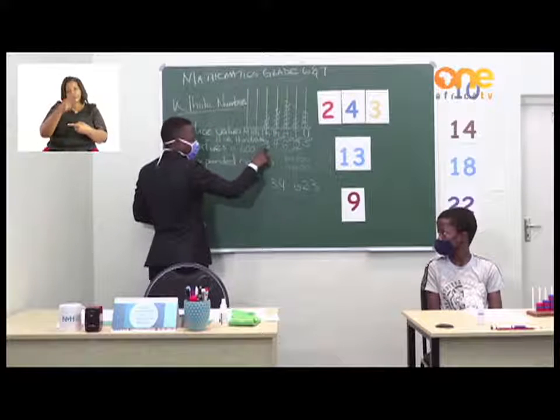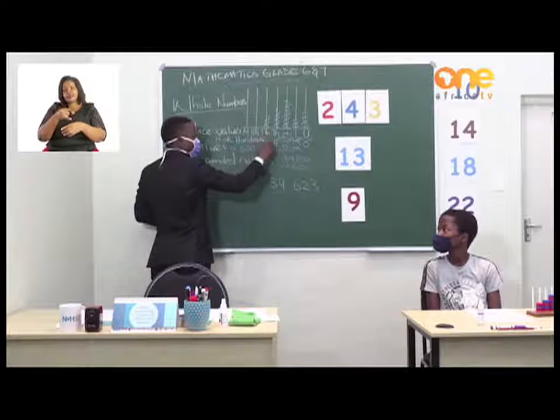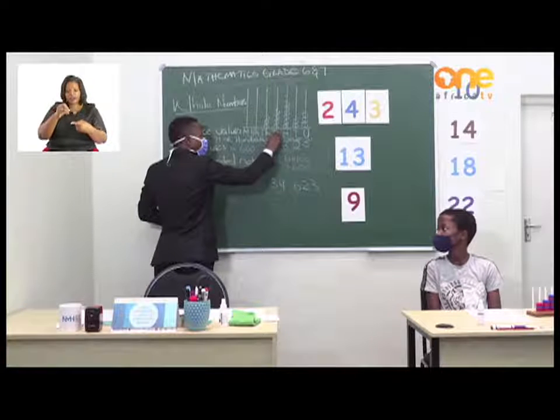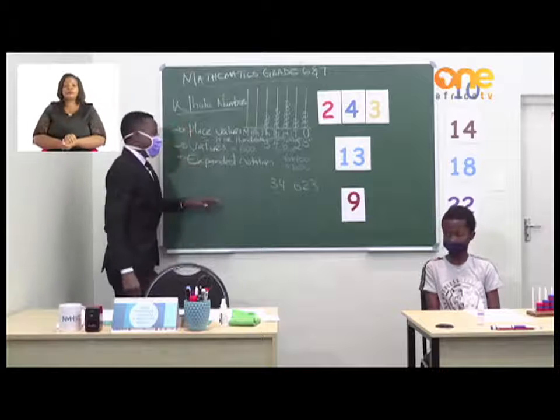And 3 in the position of 10,000, we multiply with 10,000.